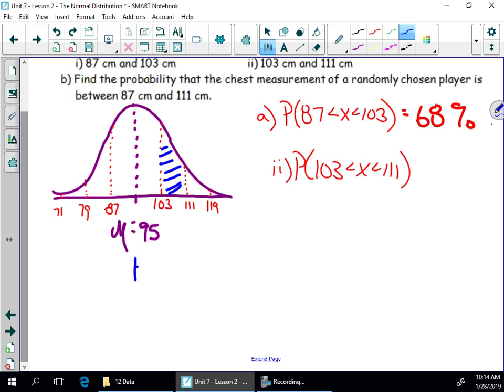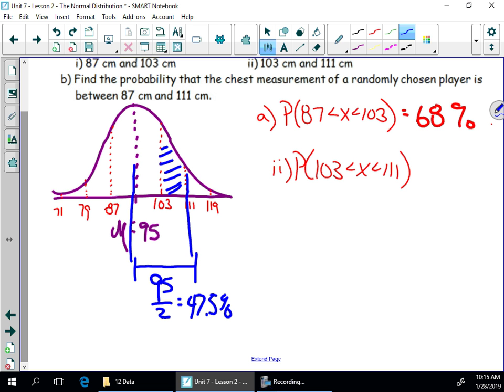I know that this is 2 standard deviations above. Well, 2 standard deviations is 95%, but I really only want the right-hand side. So 95% divided by 2 will give me 47.5 from the mean up to here.